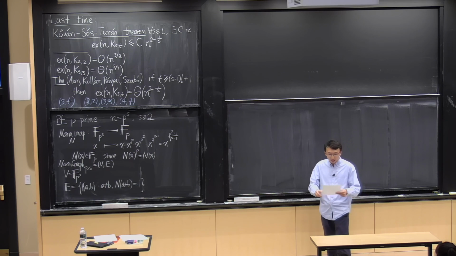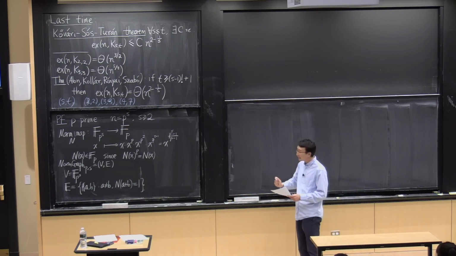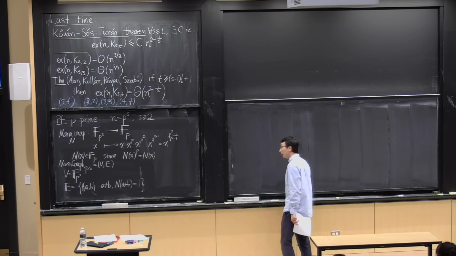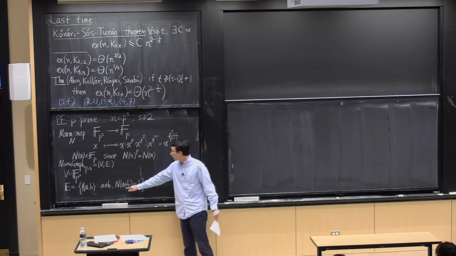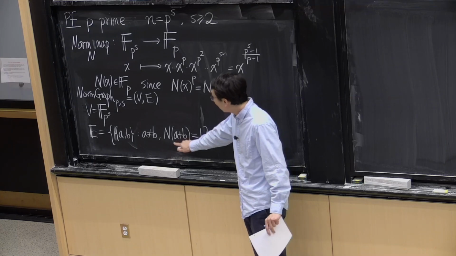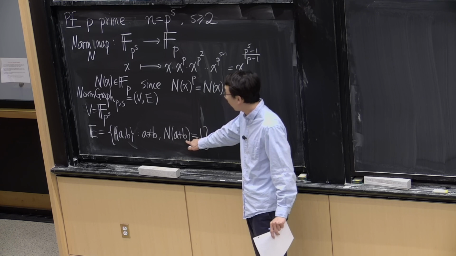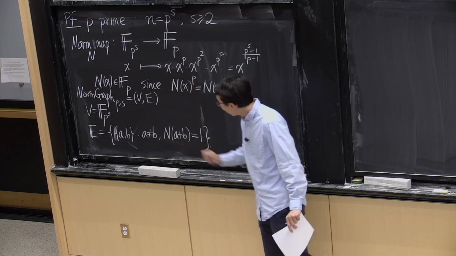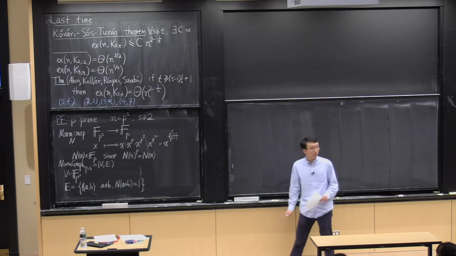So the first is, let's check that it has the right number of edges. That's a relatively easy task. What we need to do is to count, for every A, how many choices of B there are in this field extension such that A plus B has norm exactly 1.